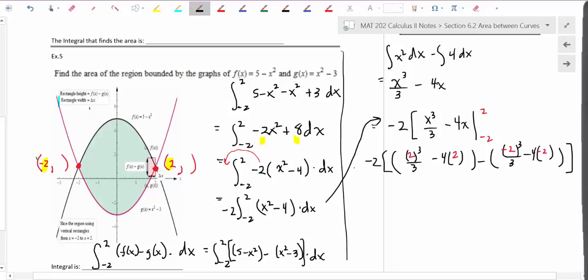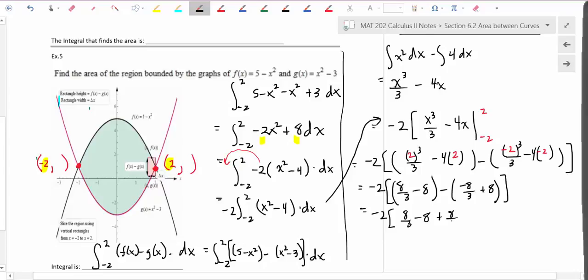Okay, so now we have negative 2. We have 8 thirds minus 8 for that piece, minus negative 8 thirds plus 8, like that. Okay, now I'm going to simplify this. So we have 8 thirds minus 8 plus 8 thirds minus 8. Okay, then combine the like terms.